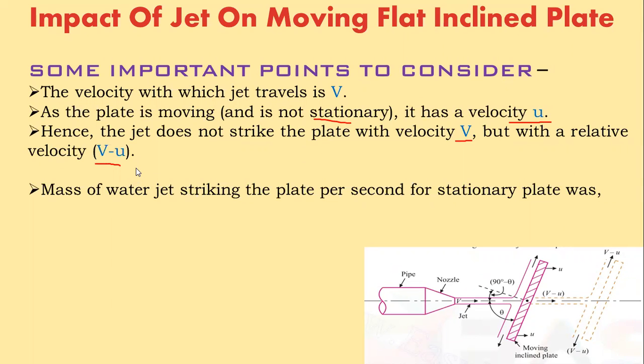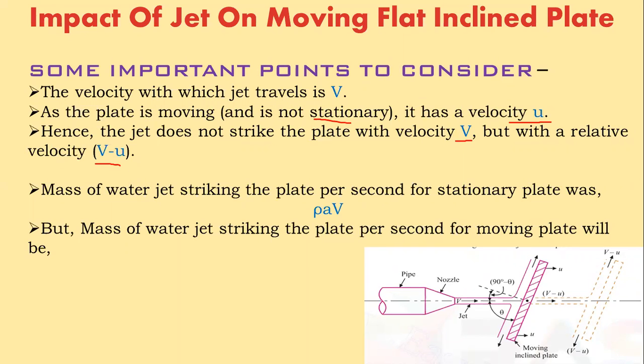Now, as we know, the mass of water jet striking the plate per second for the stationary plate was rho A into V. But for the moving plate, it is going to be rho A into bracket V minus u. Now you have already studied these points in the last lecture for flat vertical plates, so I don't need to explain it again. Let us proceed to the next slide.